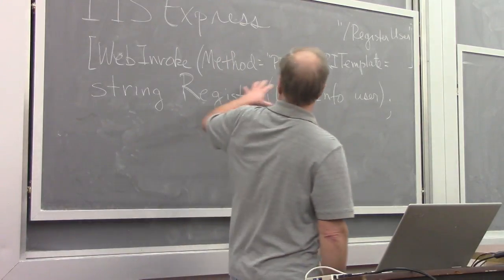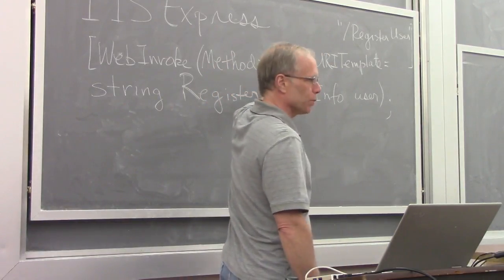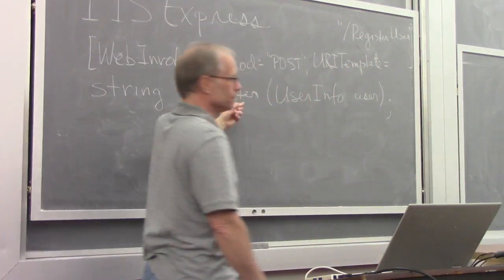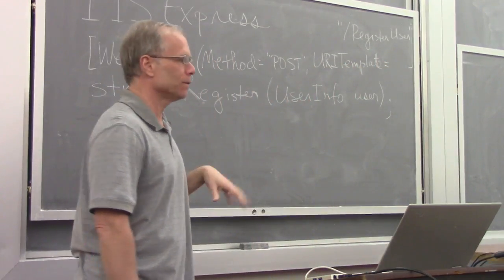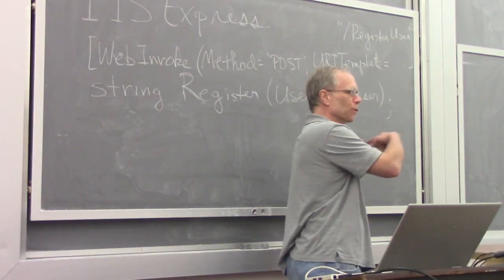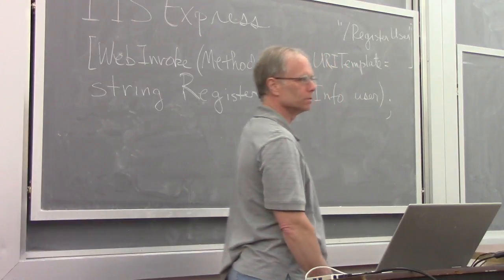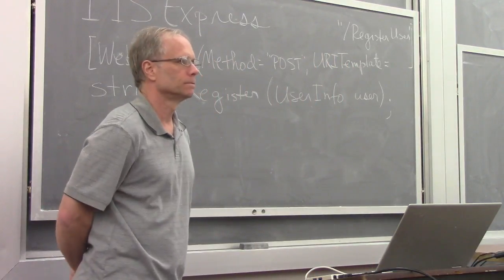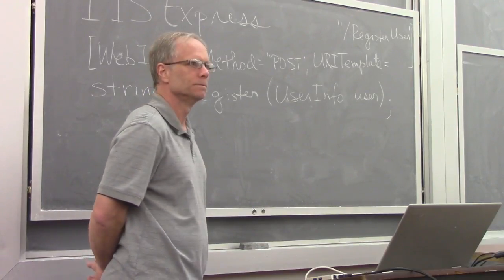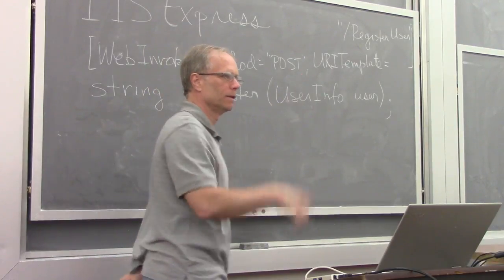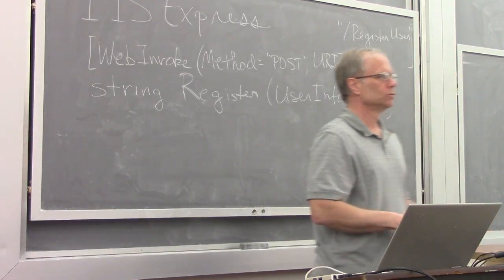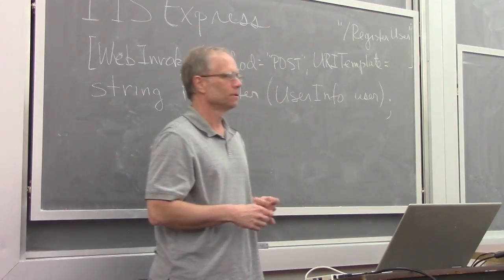Well, this seems to be saying that if a post comes in that ends with /register user, call this method. But in fact, not any post request that ends with /register user will result in this call. Which ones will? What determines which ones? Yeah? Are you talking about this being just in an interface? No, it's not that.